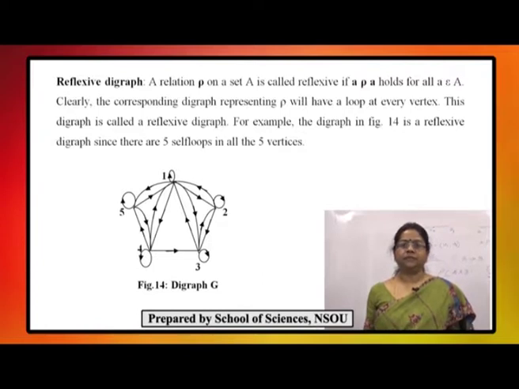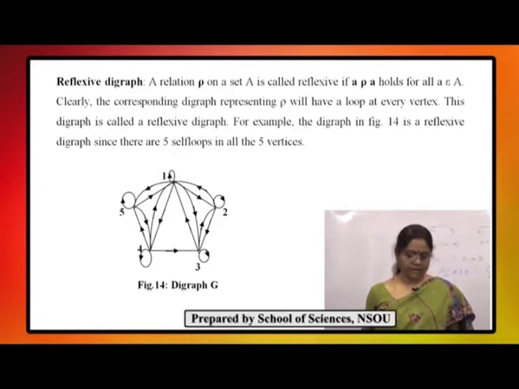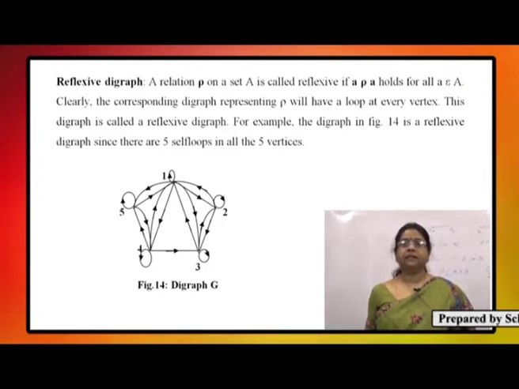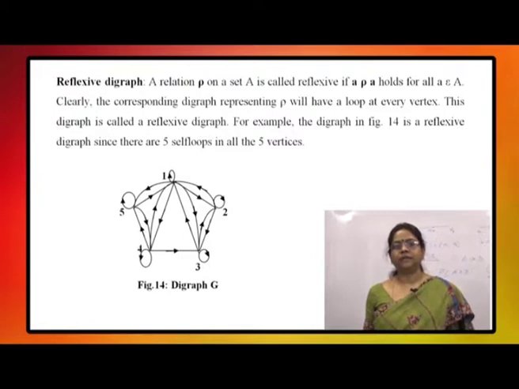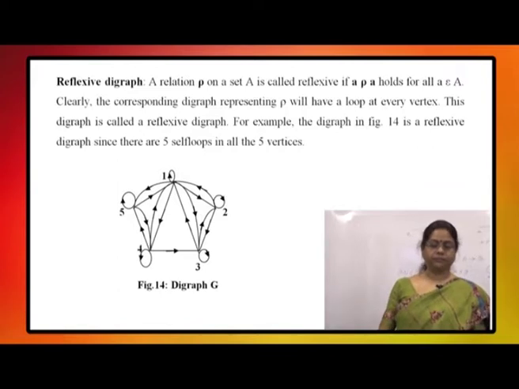So this digraph is called a reflexive digraph. For example, the digraph in figure 14 is a reflexive digraph, since we can see that there are 5 vertices, and in each of the vertices we find a self loop. So this is a reflexive digraph.